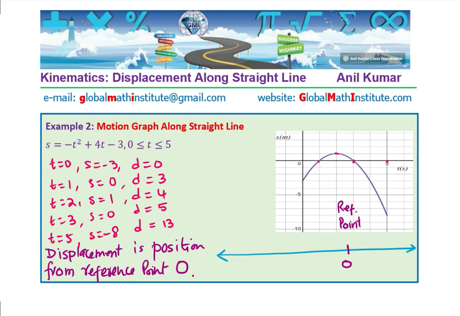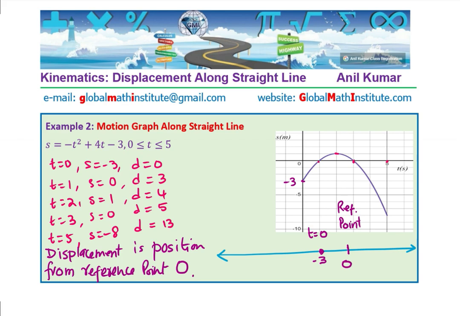Which is the 0 for our number line, straight, rectilinear motion. So at the starting, what is the position? Minus 3, right? So this is minus 3, which we are representing on this side, right? So this is left side, right? So this position is minus 3, and that happens at t equals to 0. Is that clear to you?